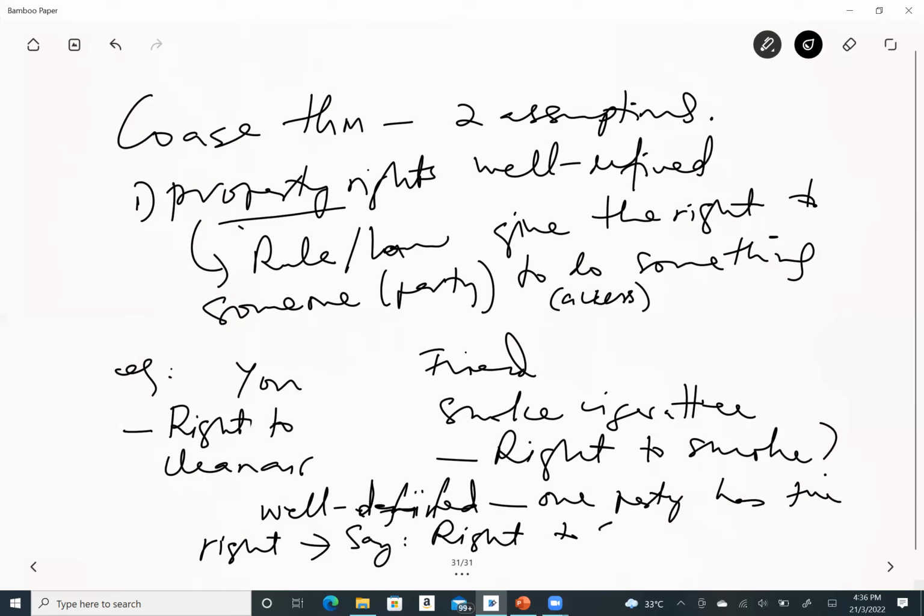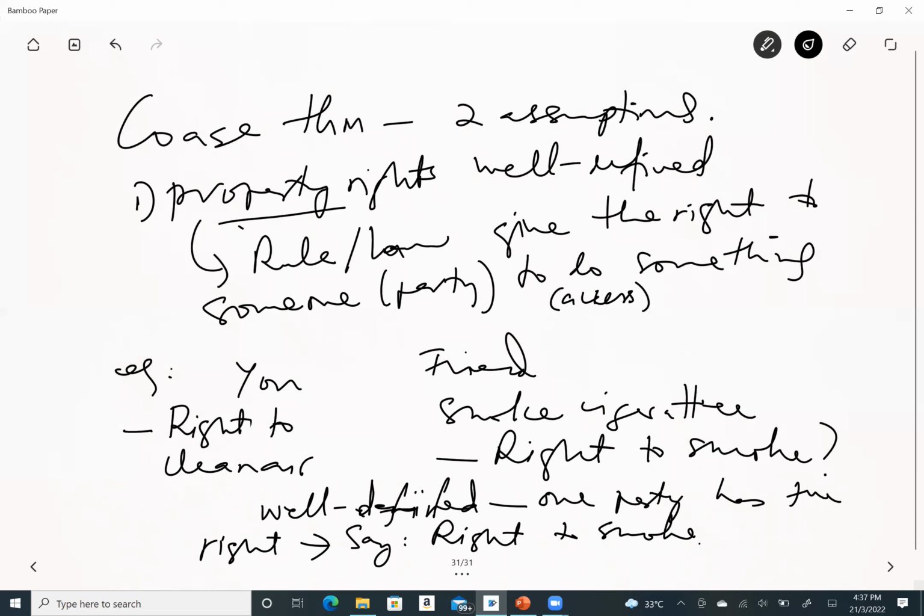Let's suppose the university, the authority, gives the rule: people have the right to smoke. So there is a well-defined property right. That means people have the right to smoke.